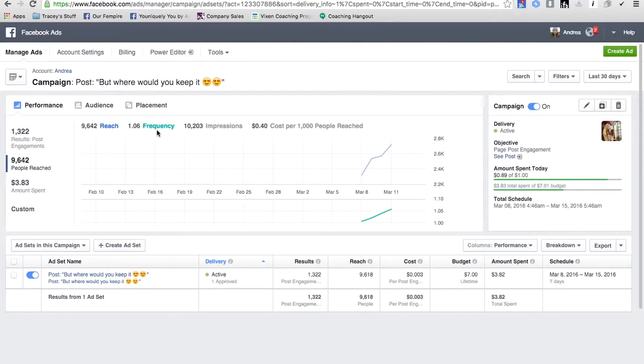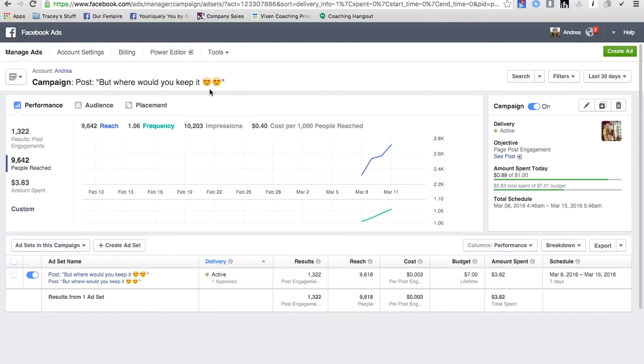And it doesn't necessarily mean that you're actually going to reach every single active user on Facebook for your audience. So if you selected the United States, this doesn't mean that every single person in the United States that fell into my demographics that I set for my ad actually saw it 1 point whatever times. That doesn't mean that, because this number would be way higher.